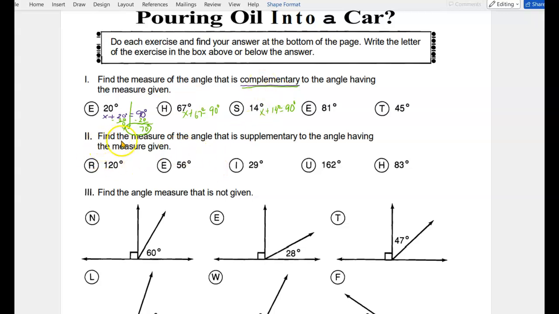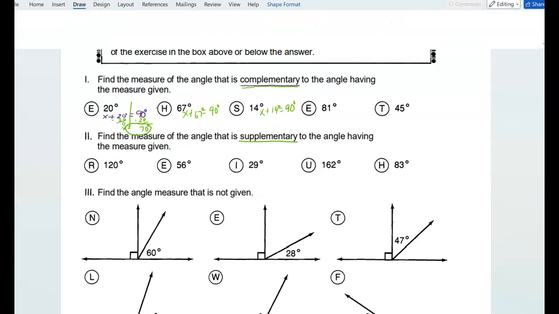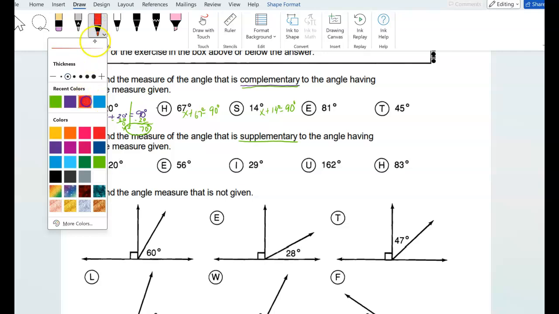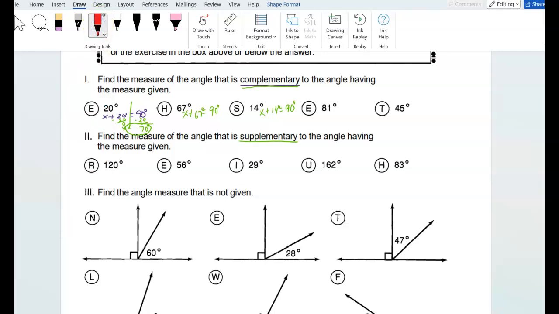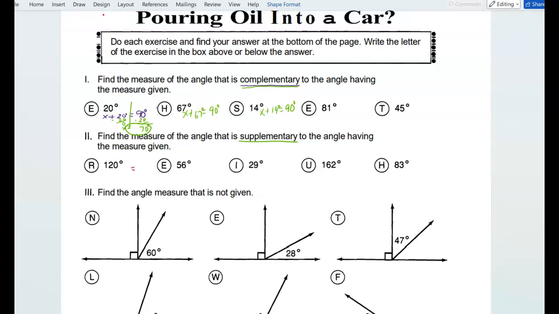All right, next, find the measure of the angle that is supplementary. Supplementary means that it's equal to 180 degrees. We're looking at the measure given, which is 120. So we're going to set it equal to 180 degrees. Remember, we add our angles.